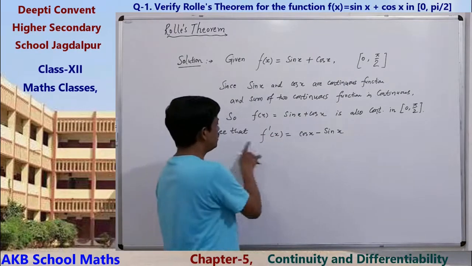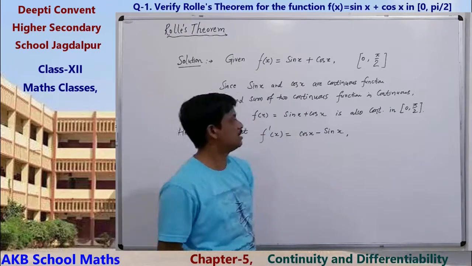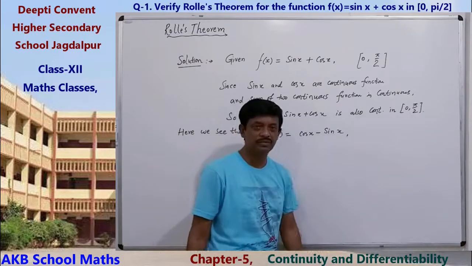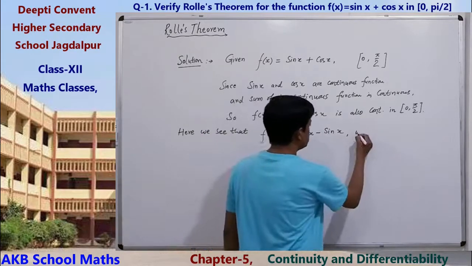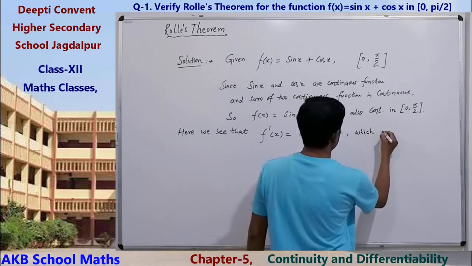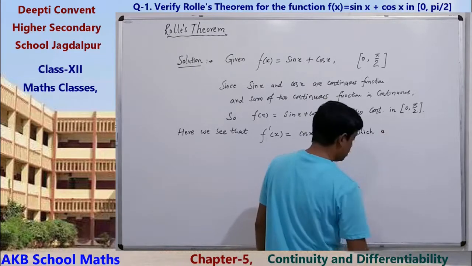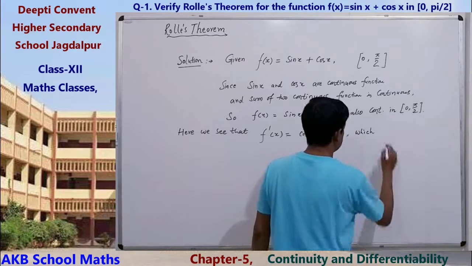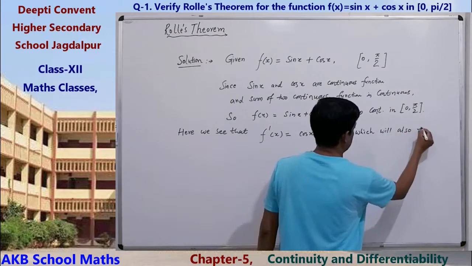Clear? So the derivative, which involves cos x and sin x, will very clearly also exist in the open interval.